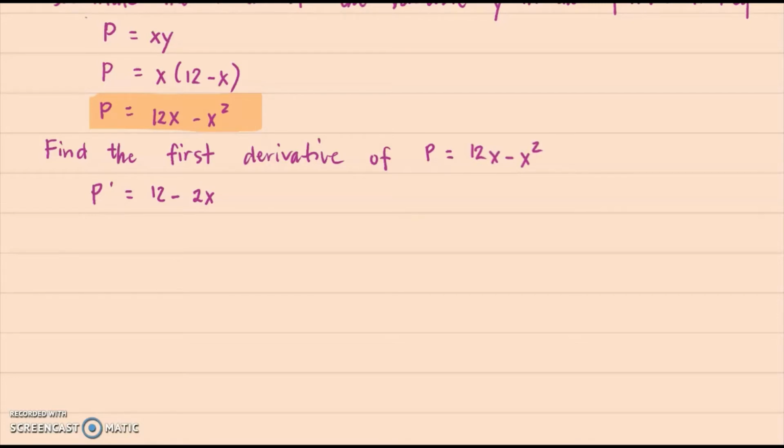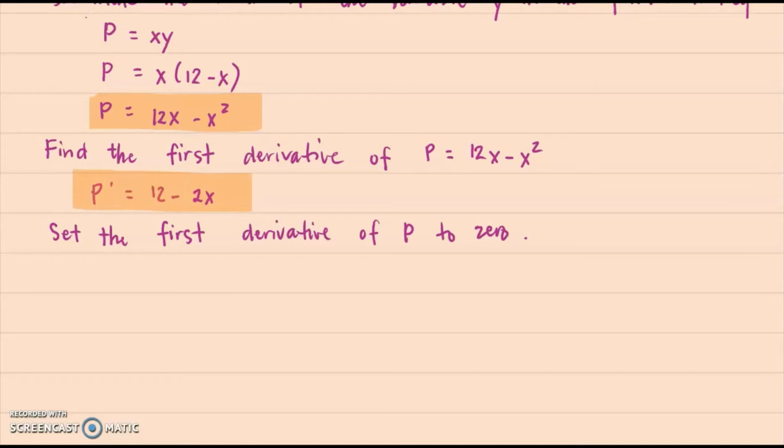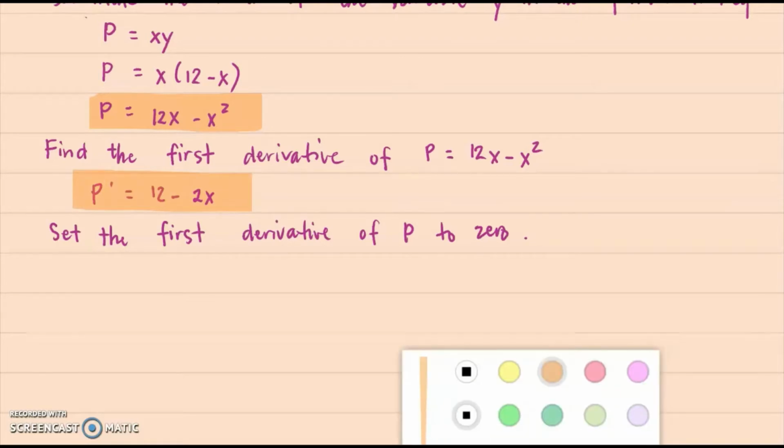Next, set the first derivative of P equal to 0.